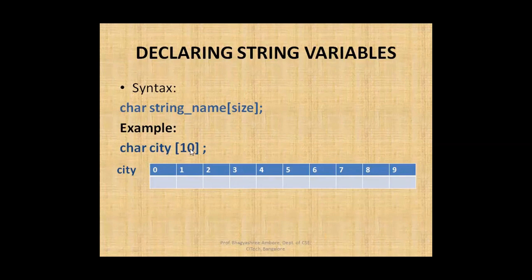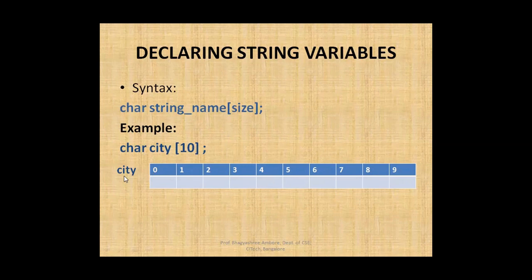When I make a declaration like this, city has locations 0, 1, 2, 3, 4, 5, 6, 7, 8, 9. So a total of 10 locations are created, and the values are blank. The syntax is the char data type, a valid variable name, and the size. I said 10, so 10 locations are created.